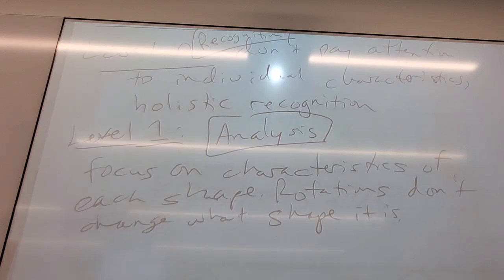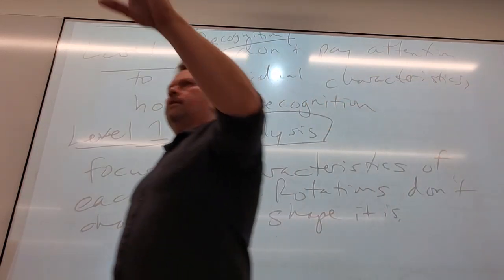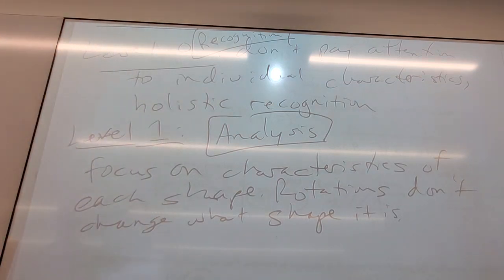But the kind of trouble that level 1 still has is realizing that a square is a specific kind of rectangle. A rectangle is a specific kind of parallelogram. Yes? Now, what is the word that encompasses all 4-sided shapes? Quadrilateral.